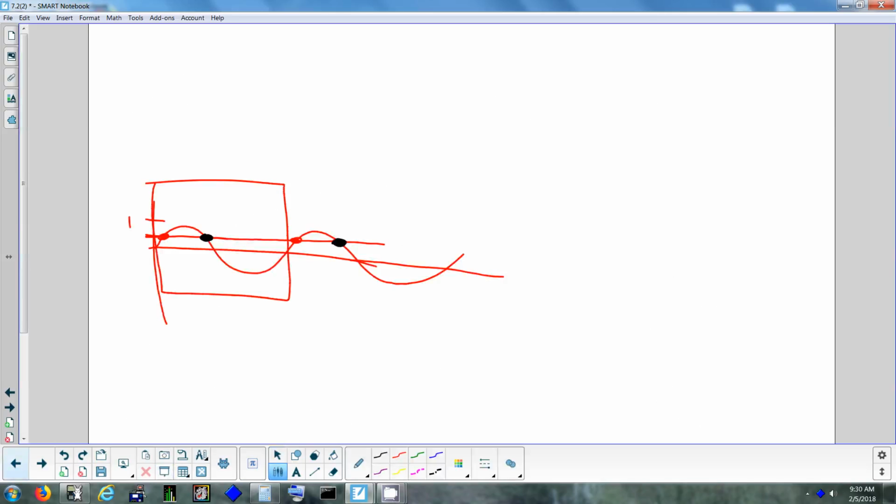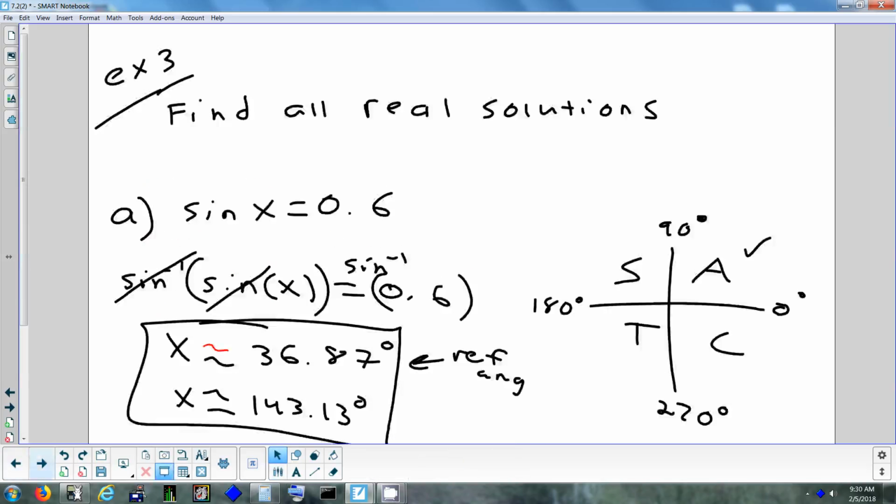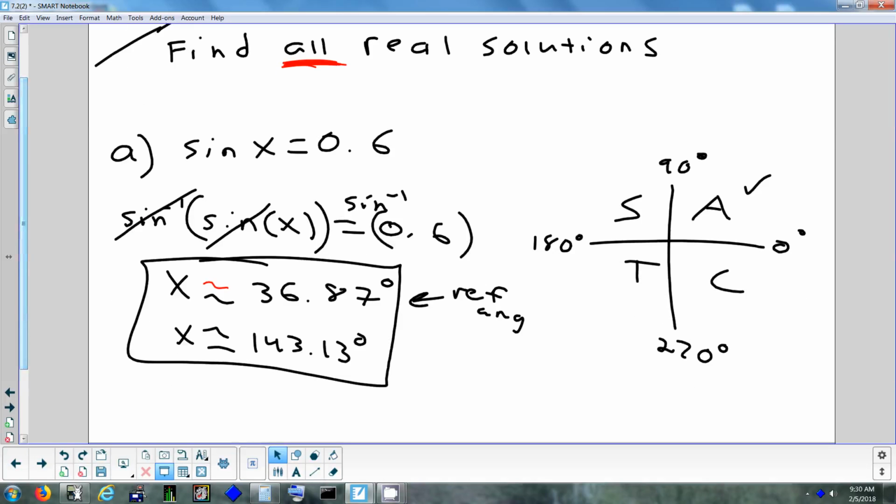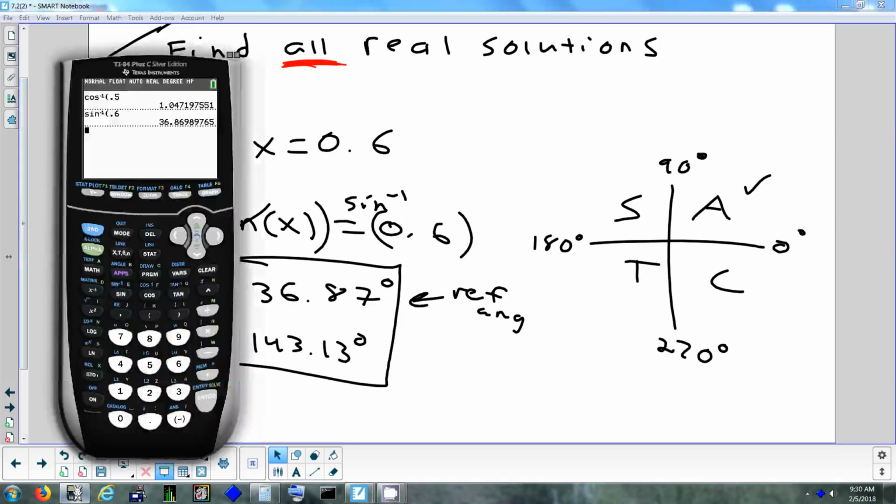I just want to focus on the first section. And I'm going to come back to this idea in a second, which we already touched on. But let's just make sure those two numbers are right. All right, so I'm going to graph sine of x. I'm going to graph 0.6. I should have cleared that first.